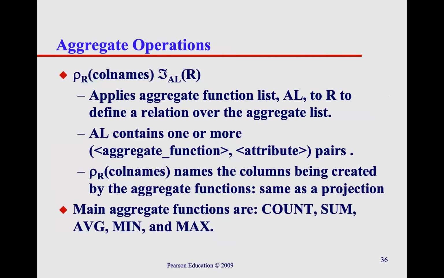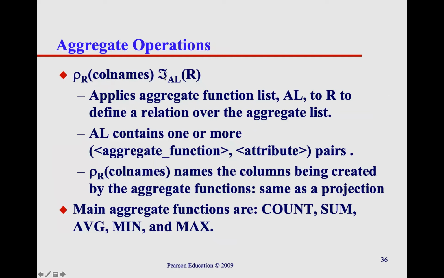So the relational algebra operations for aggregate operations, instead of using the big pi operation, this looks like a P. I'm happy if you use a P in your write-up. So it is saying that this is the set of column names that I want to see in the result.